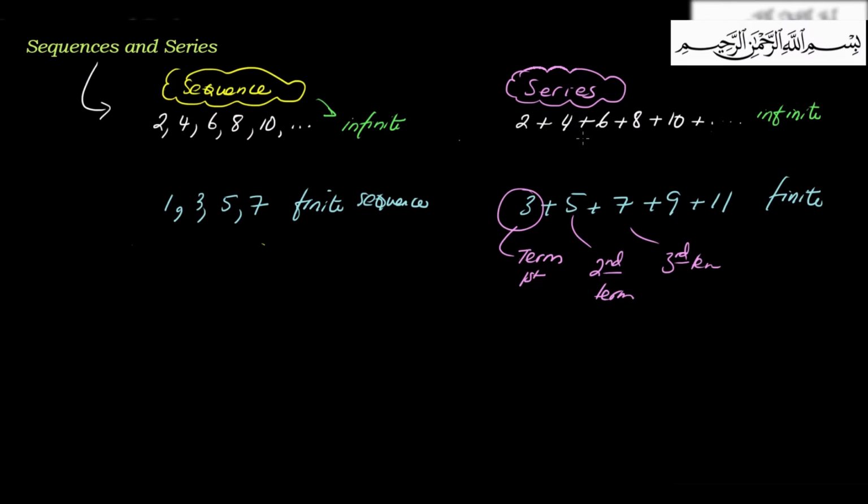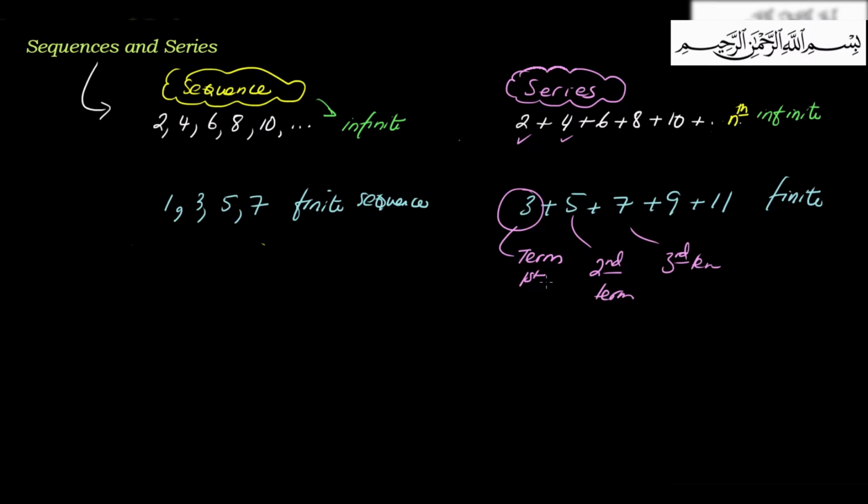Now, in the case of an infinite series, this would be the first term, and the second term, third term, fourth, and then you might have the 100th term. And if you wanted to give it a generic name, you can say the generic term is the nth term, the 10th term, the 100th term, the 2000th term, etc.